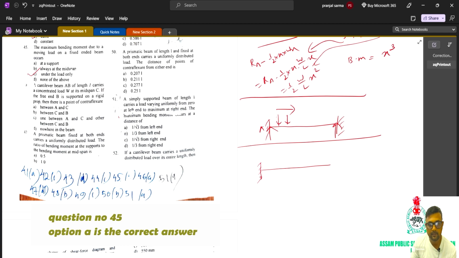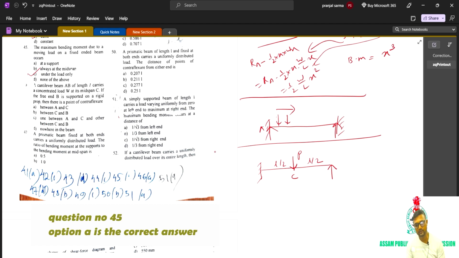This is cantilever AB, of length L, carrying a concentrated load W at the midspan C. See, this is a cantilever. It carries a concentrated load P. This is L by 2. This is L by 2. Okay. If the free end B is supported on a rigid prop, then there is a point of contraflexure.